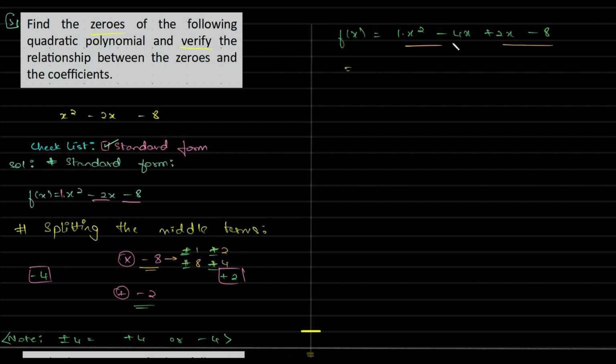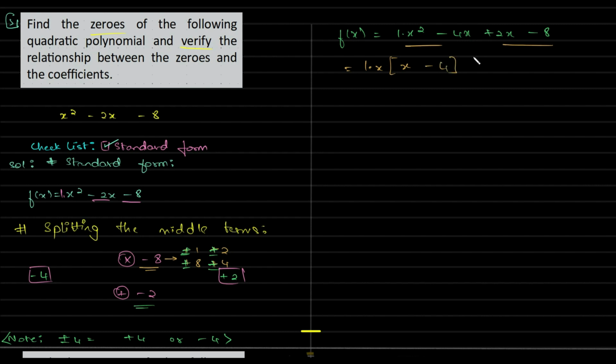This can be just numbers or variables or both. Here x is the variable which is common, and the number is just 1. So if I take 1x common from 1x squared, I'm left with x, and from minus 4x, I'm left with minus 4.